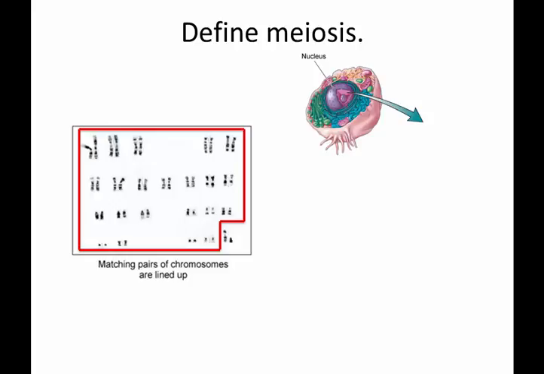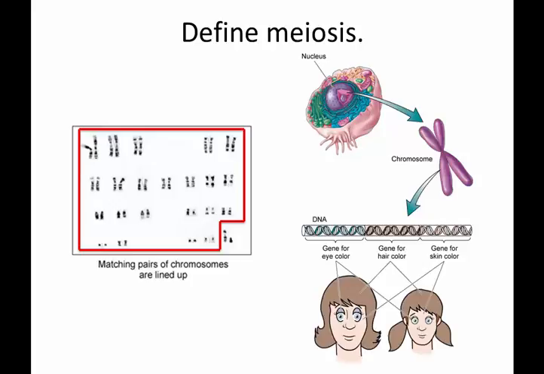If we looked at the cell here, inside the nucleus, we have these individual chromosomes, but on the various regions of the chromosomes, as we said, we'd lay out the DNA like this from the chromosome, and we have stretches that are genes that code for things like eye color and hair color or skin color.